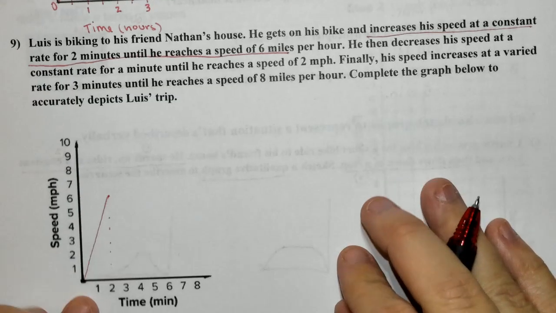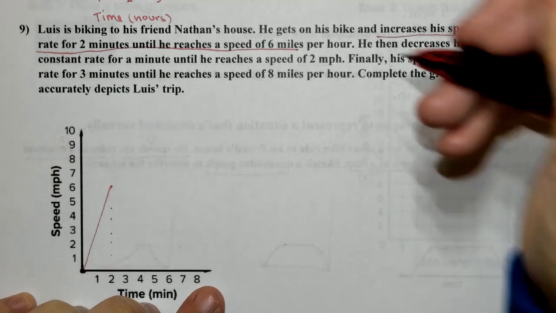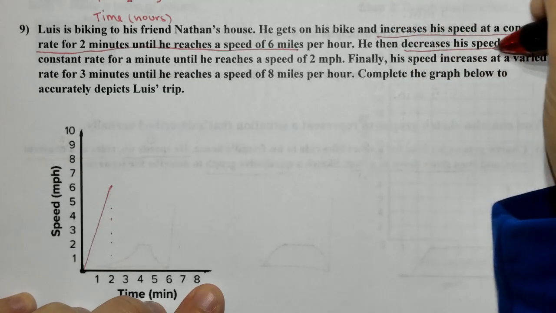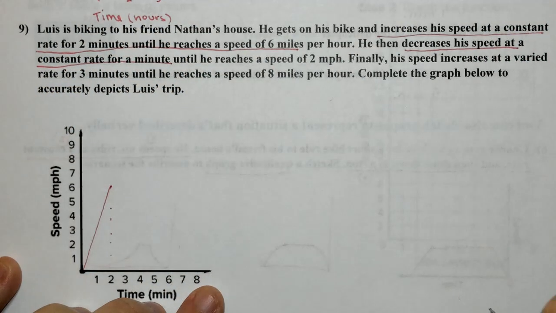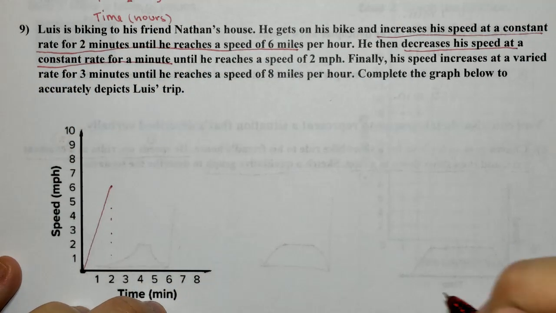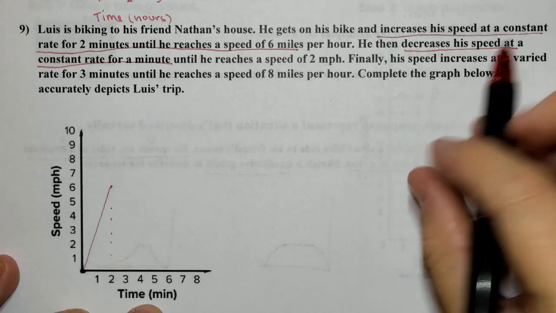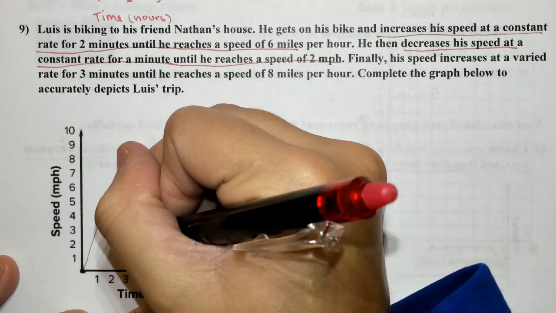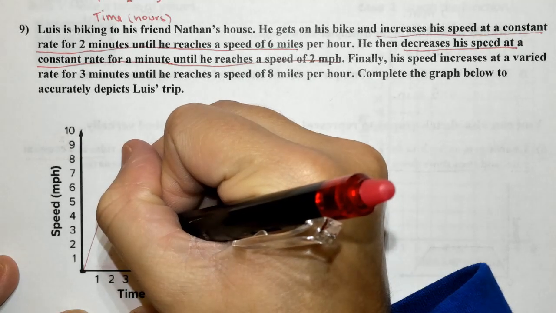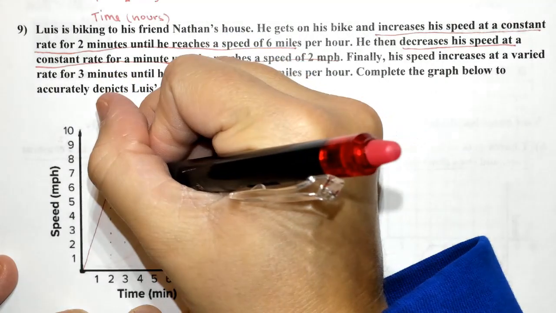Constant rate would be a straight line. He then decreases his speed at a constant rate for a minute. Okay, so for 1 minute, he decreases his speed until he reaches a speed of 2 miles per hour. So 1 more minute means at 3 minutes he should be at 2 miles per hour.